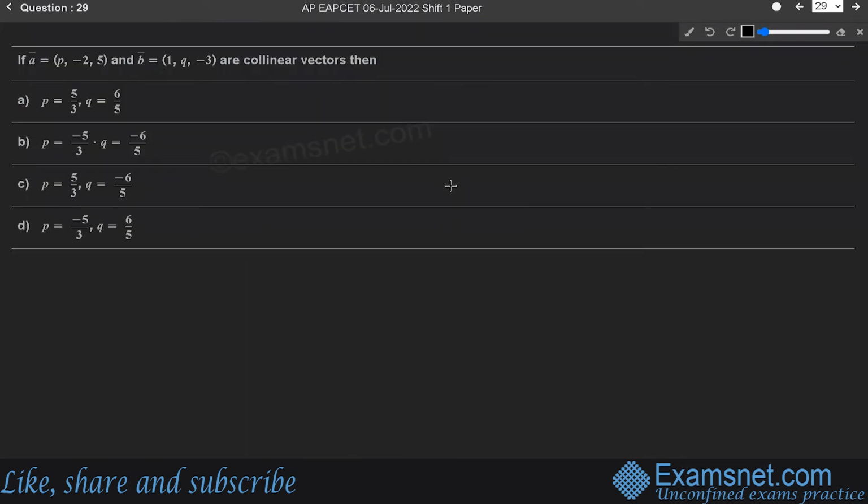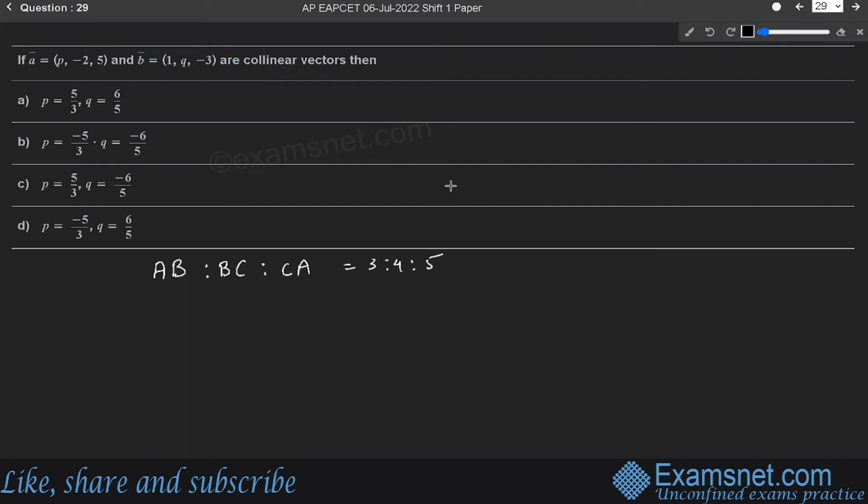Next question is, if A vector is equal to P minus 2 and 5 and B vector is equal to 1, Q and minus 3 are collinear vectors, then we have to find the value for P and Q here. So let the ratio of AB is to BC is to CA is equal to 3:4:5.